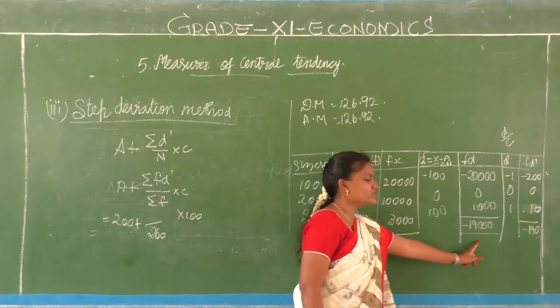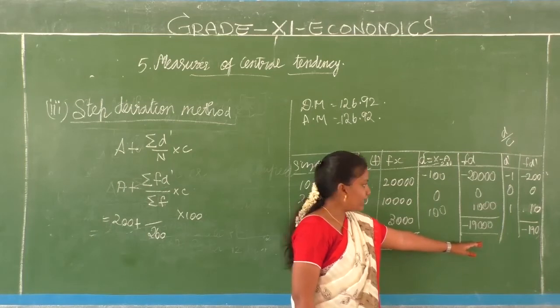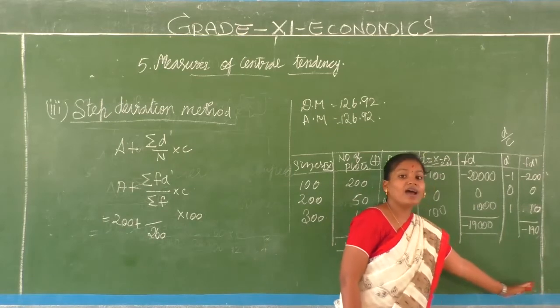If you take the sigma d dash, and divide it by 100, you will get sigma f dash, isn't it?